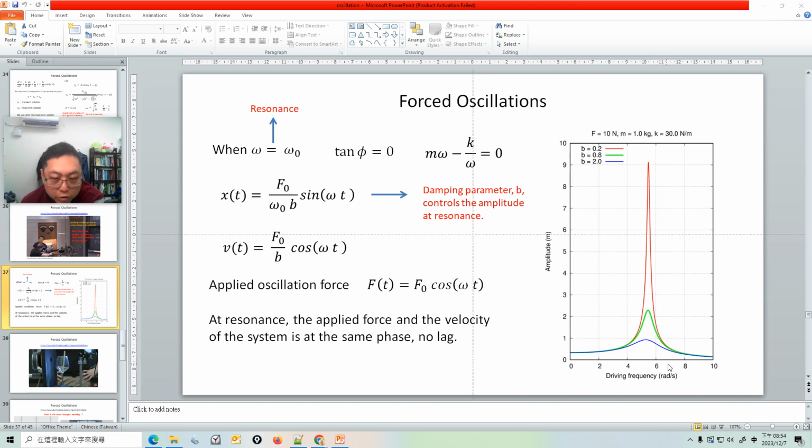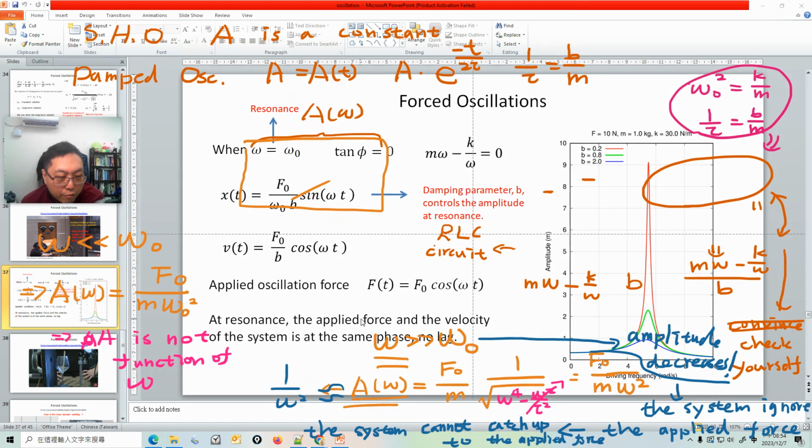When the driven frequency increases, the amplitude decreases. This is just what we saw. When your applied frequency is way larger than the natural frequency, your amplitude is proportional to 1 over omega squared. That means when your omega goes up, amplitude goes down.